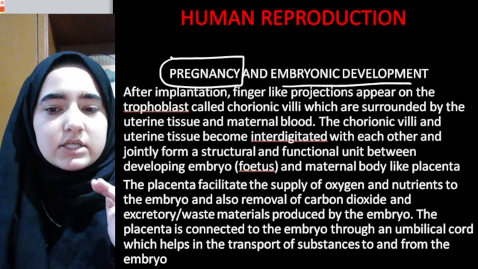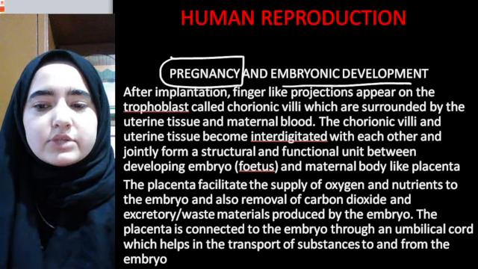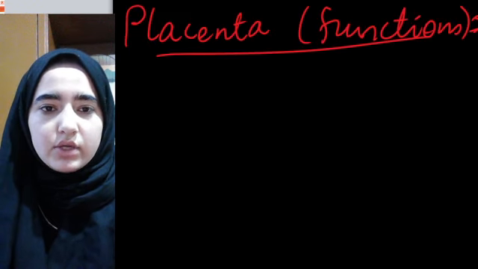Placenta is connected to the embryo through a cord which is known as the umbilical cord, which helps in transport of substances to and from the embryo.